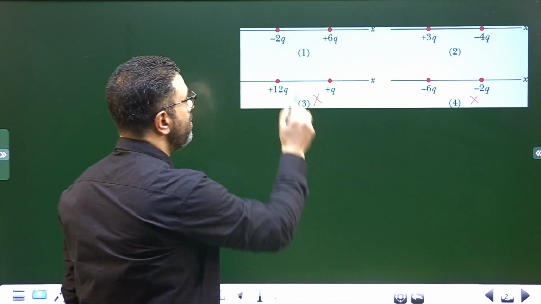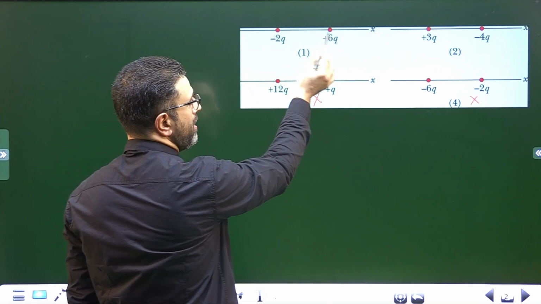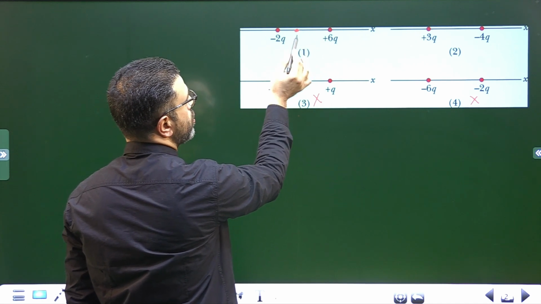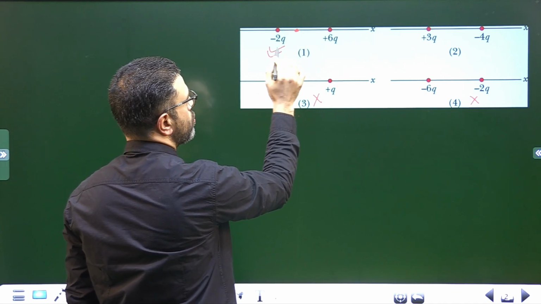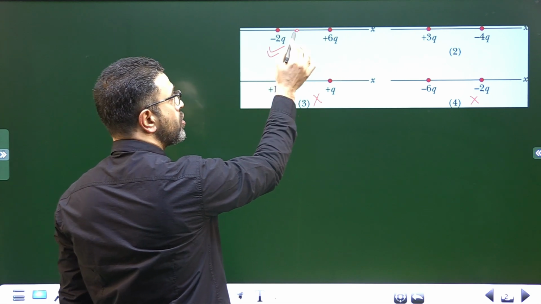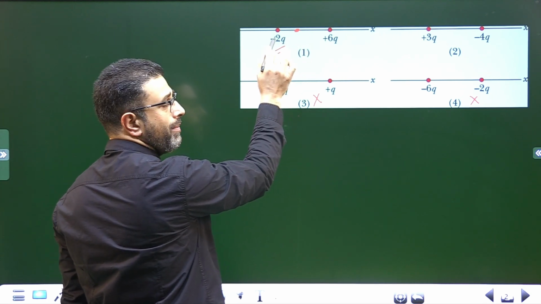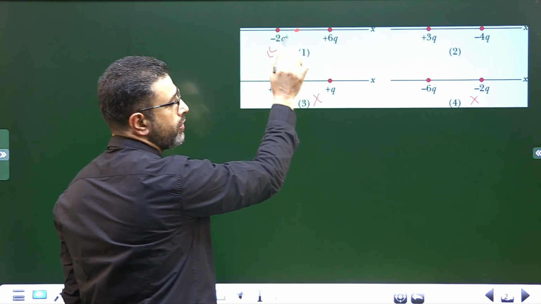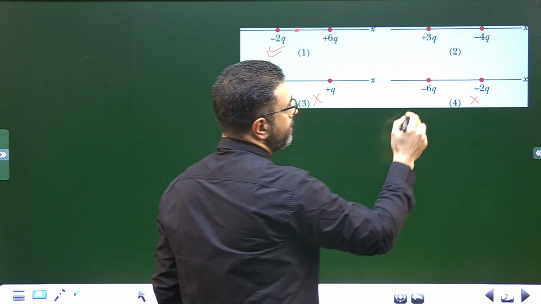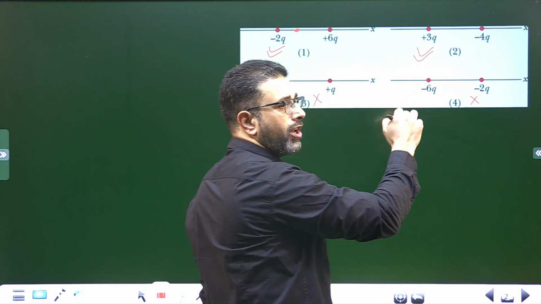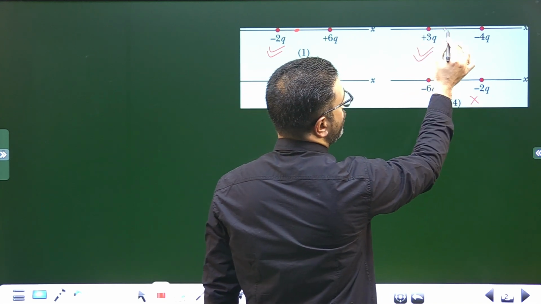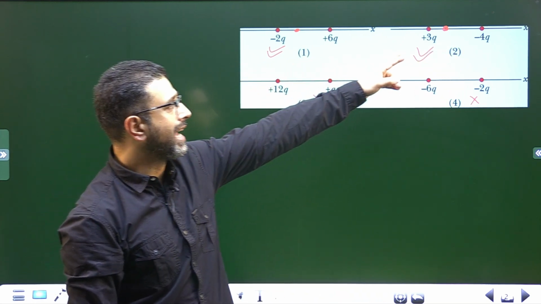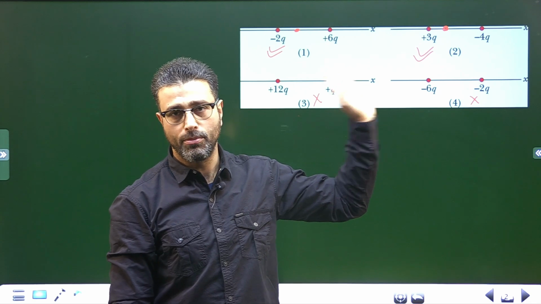In between the two charges, it is possible to have a point which is closer to the smaller magnitude. This one is the smaller magnitude here. So potential can be 0 at some point between the two charges. Same is the case here. 3q is the smaller magnitude. In between the two charges, we can have a point which is closer to the smaller charge. So potential can be 0 between the two charges.